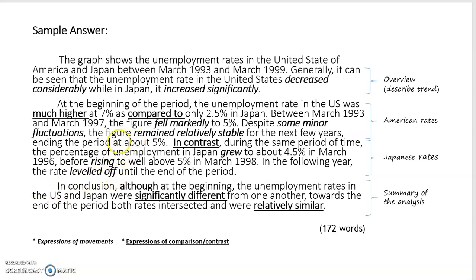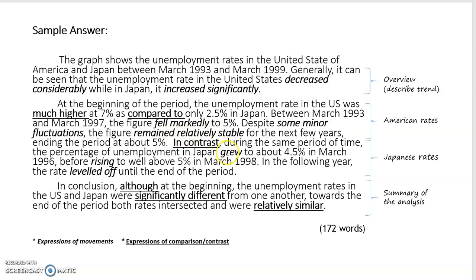Okay, so you can see a lot of words which describe movements, like for example, fell markedly. So we have here a verb and an adverb. So this is what you call a verb phrase. And then you have here remain relatively stable, again a verb and an adverb.